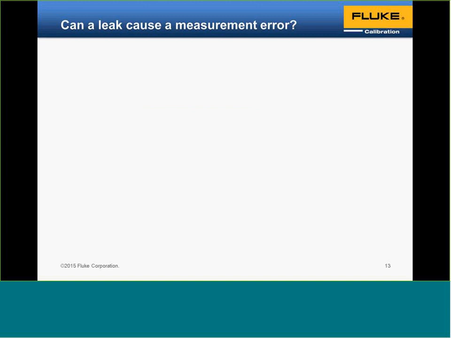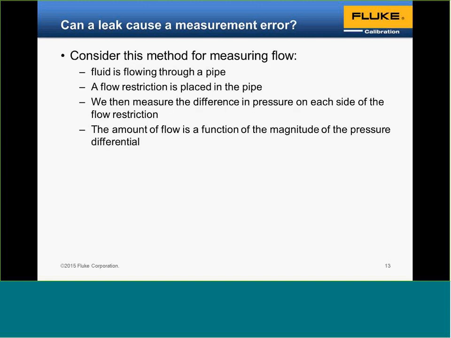Let's look at, can a leak cause a measurement error? Let's consider measuring flow. A liquid is flowing through a pipe. A flow restriction is placed in the pipe, with pressure measured on each side of the flow restriction. From the pressure differential, we can determine the amount of flow.